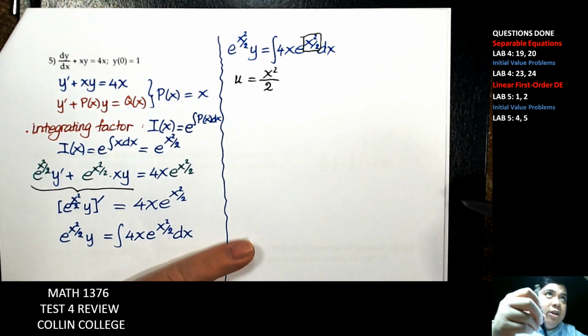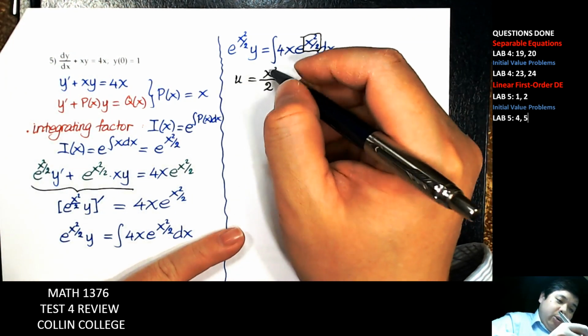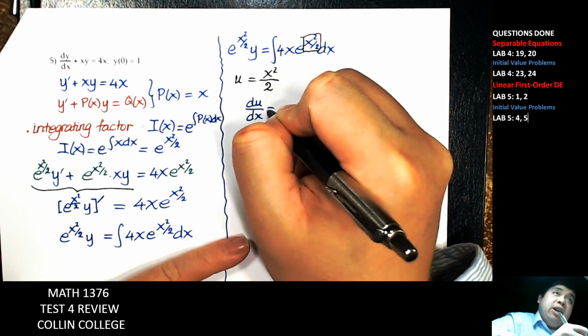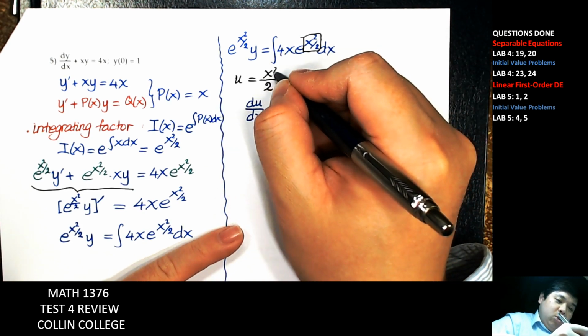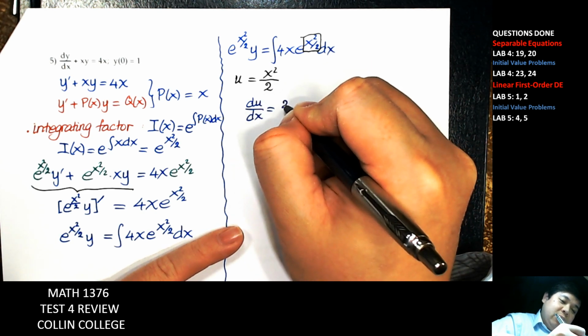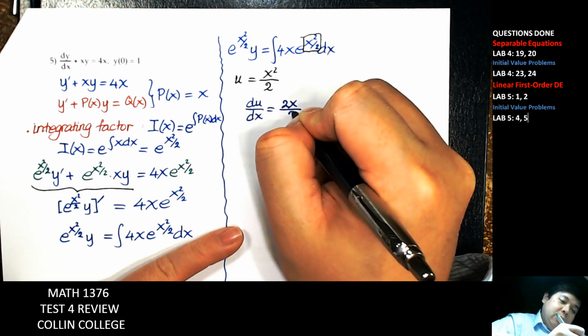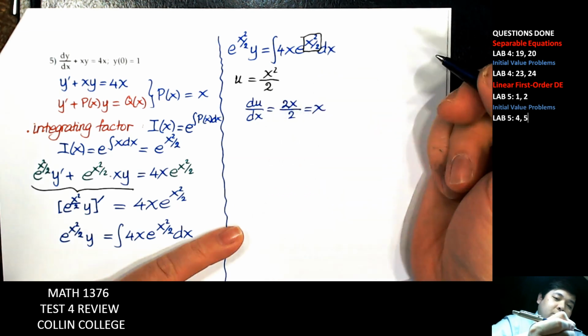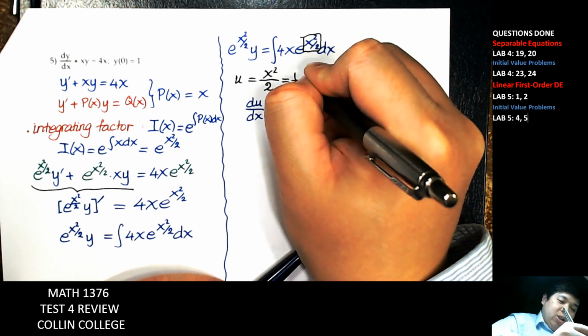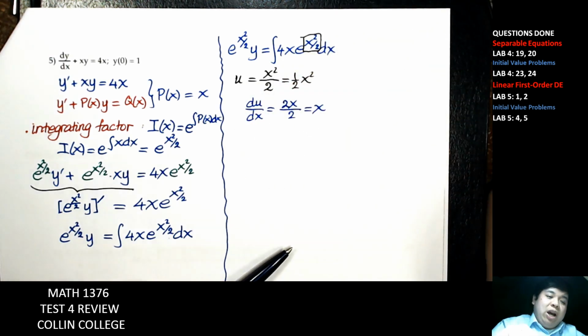And we will take the derivative of u. We have du over dx. The derivative of x squared is 2x. The 2 and 2 cancel out. Or easier, we just write 1/2 x squared, that 2x and 2 cancel out as well.